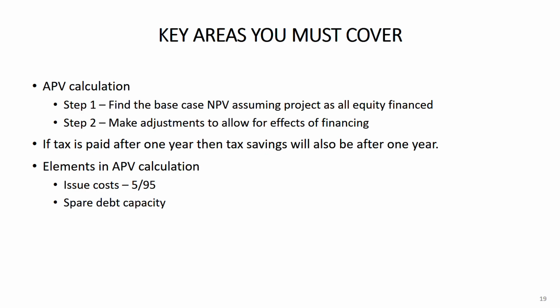Spare debt capacity, right? Spare debt capacity is when your debt capacity is increasing, and that increasing amount you are finding. Let's say currently debt is 2 million, but it has increased by 6 million. Increased by 6 million means that increasing amount you are taking, not 8, not 2 plus 6. You are taking 6 million.